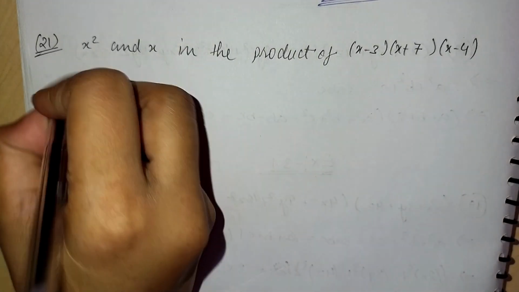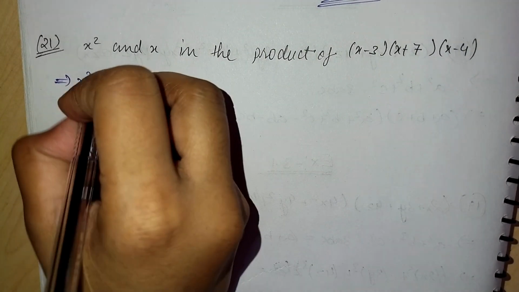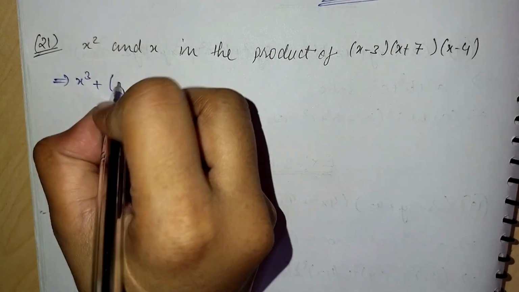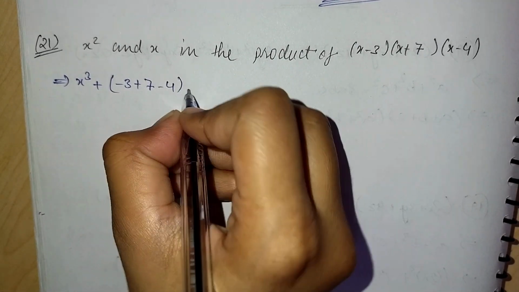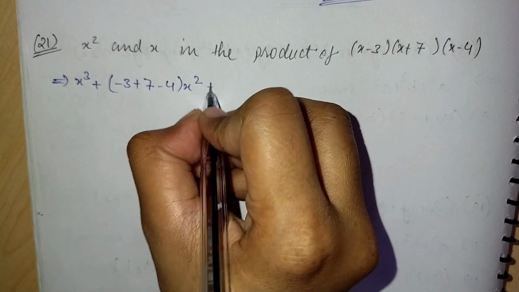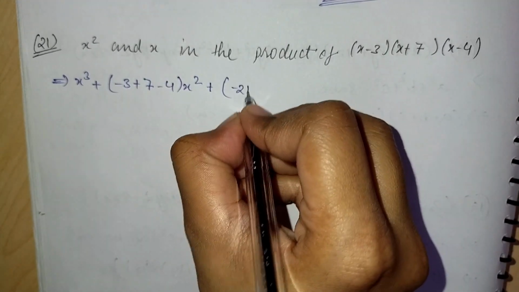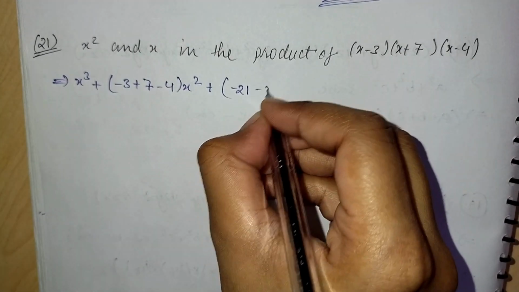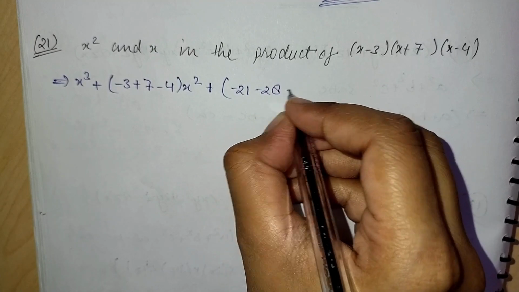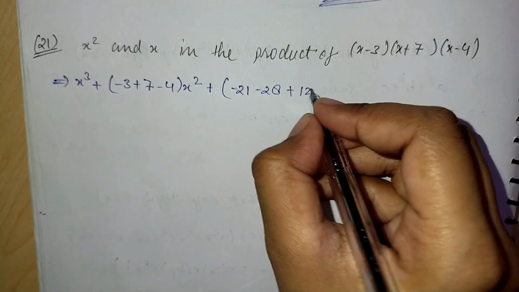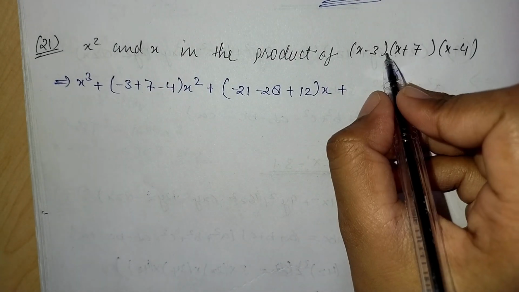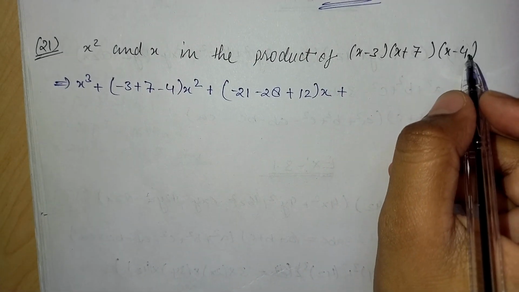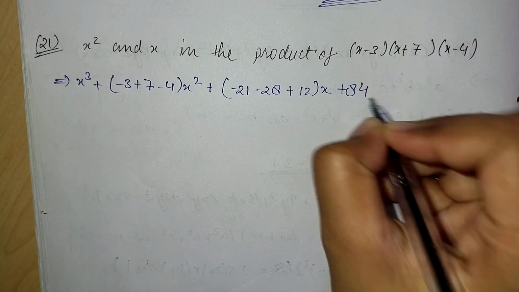On solving this, we will get x cube plus (minus 3 plus 7 minus 4) x square plus (21 minus 28 plus 12) x plus 84.